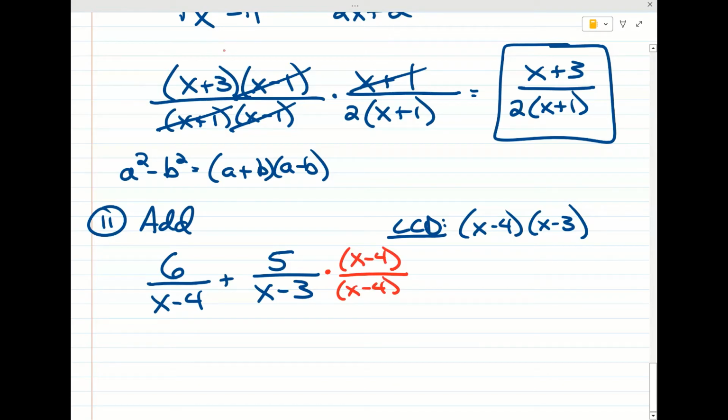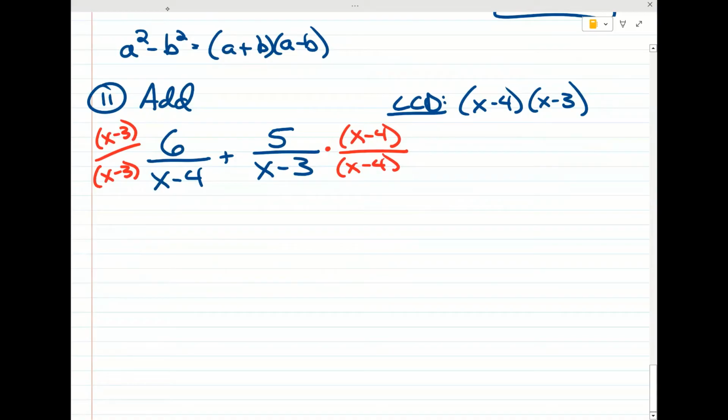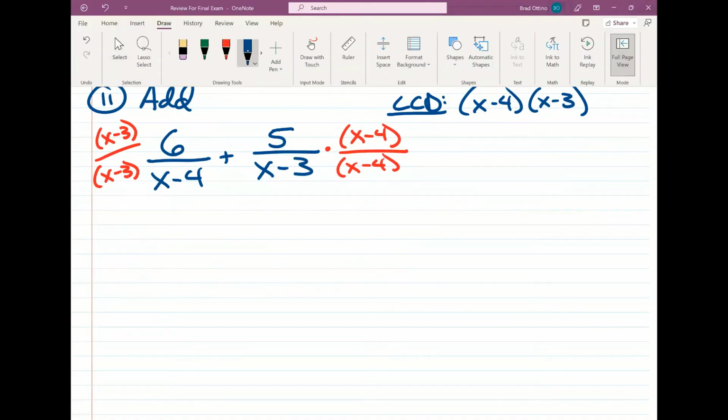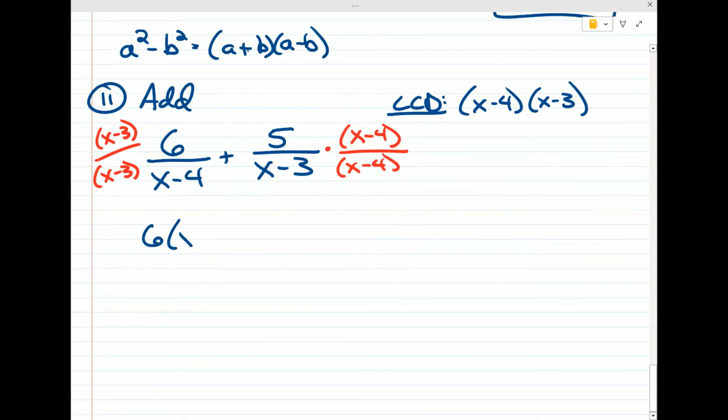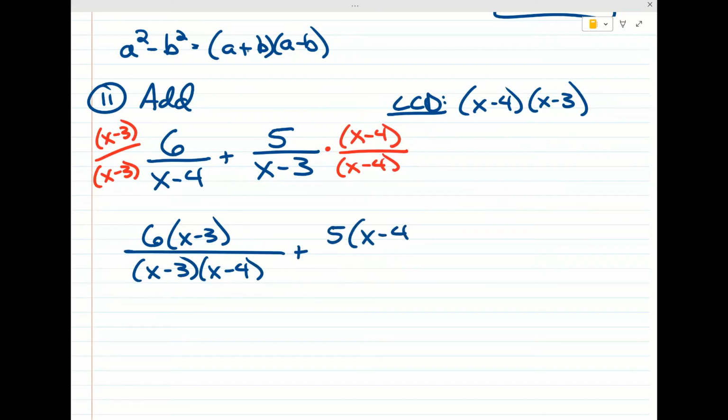The one on the left needs an x minus 3. So we wind up with 6 times x minus 3 over x minus 3 times x minus 4, plus 5 times x minus 4 divided by x minus 3 and x minus 4.